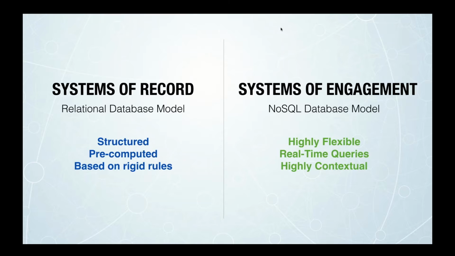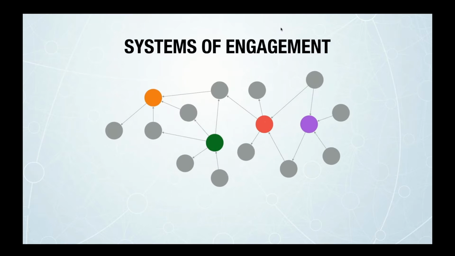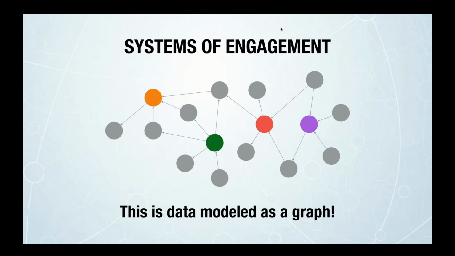Whereas in the NoSQL world, we expect real-time queries. These things are on the hot path for web applications. So again, systems of record are very, very structured. Think of tables. Whereas systems of engagement, instead we need better understanding of the data in the context of the data. And if we look at the diagram here, well, this data is modeled as a graph.